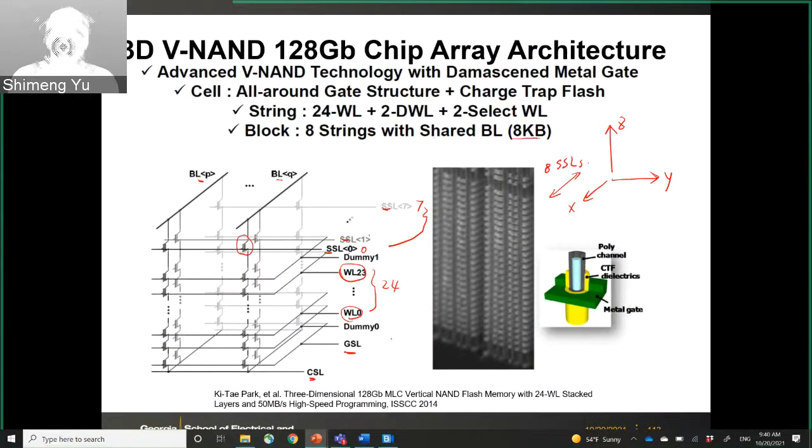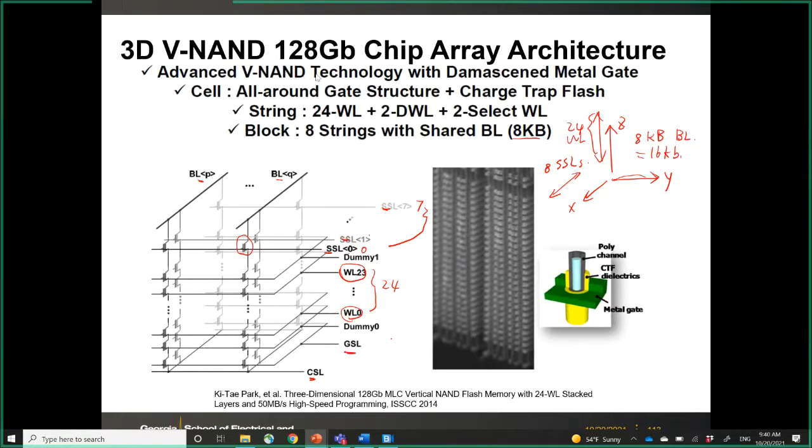It says there are 8 kilobytes. 8 kilobytes means 16K bits. That's 16K bit lines along the y direction. And then in the z direction, it says 24 word lines. So you see one block has 8 SSL, 24 WL, and 16K bit lines. So this is one block for this particular chip.